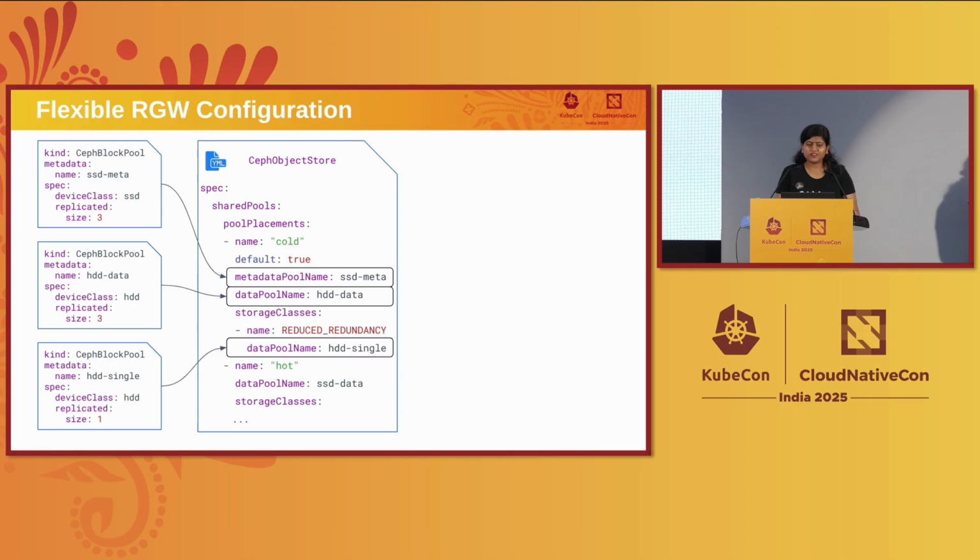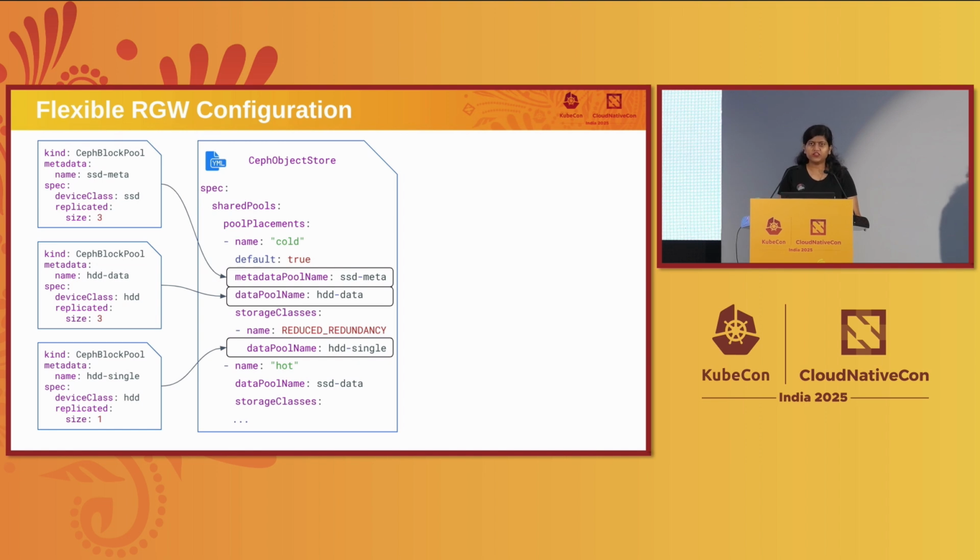If you see the Ceph object store config here, we have the pool placement as cold, and we have a metadata pool, SSD metadata, a data pool, HDD data, and a data pool, HDD single. All three are using different kinds of configuration in some way. The first pool has the device class as SSD, as it hosts metadata, so we want faster access to it. So we host that data on SSD.